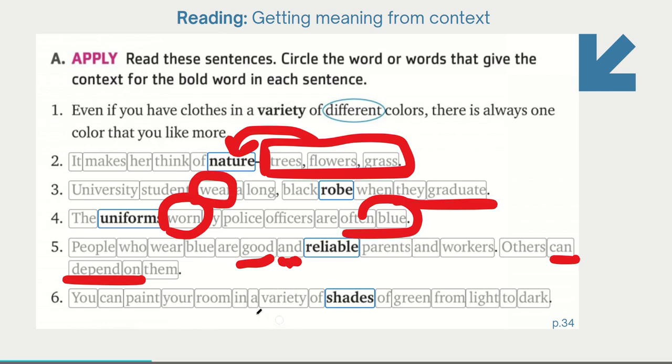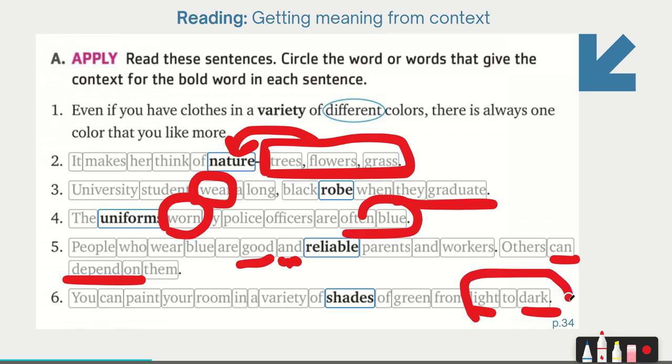Many, right? In many shades. But right here, we need to know the meaning of the word shade. So what is shade? It can be light, it can be dark. Light to dark, these are shades.